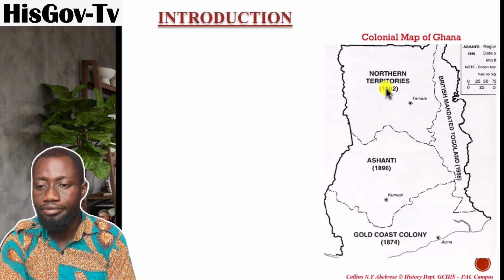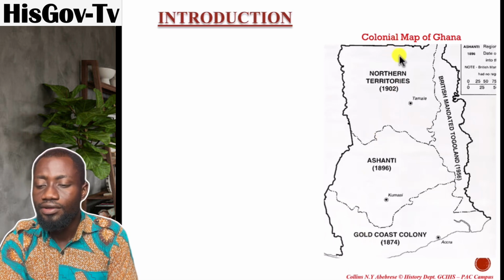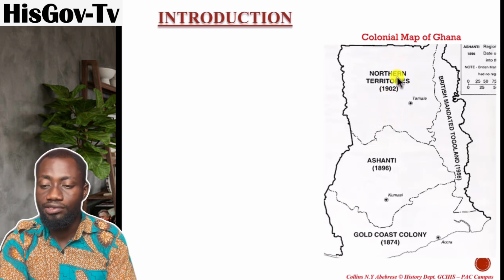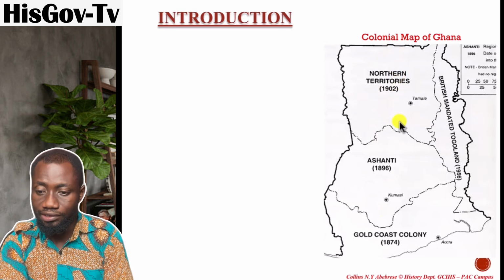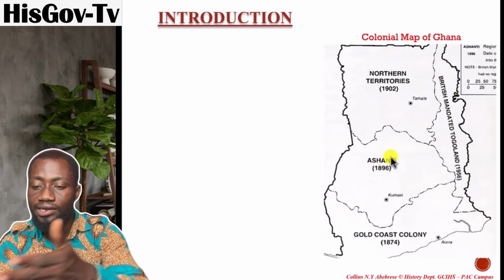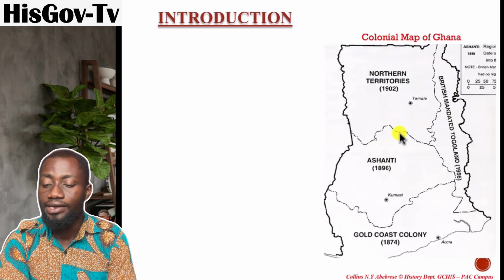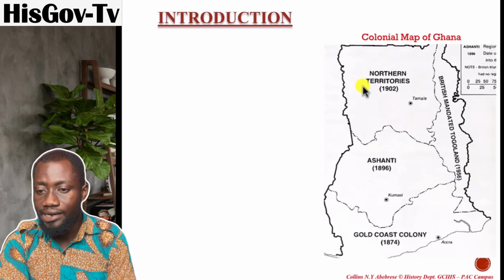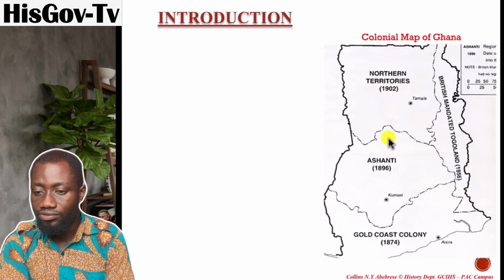This is the map of colonial Ghana. So this is during the colonial period. This is how the Ghana map looked in terms of the demarcations. Now, this place was known as the Northern Territories. It was taken somewhere in 1902.